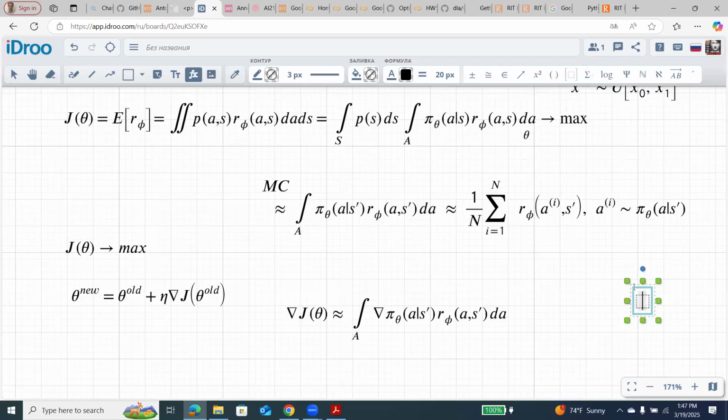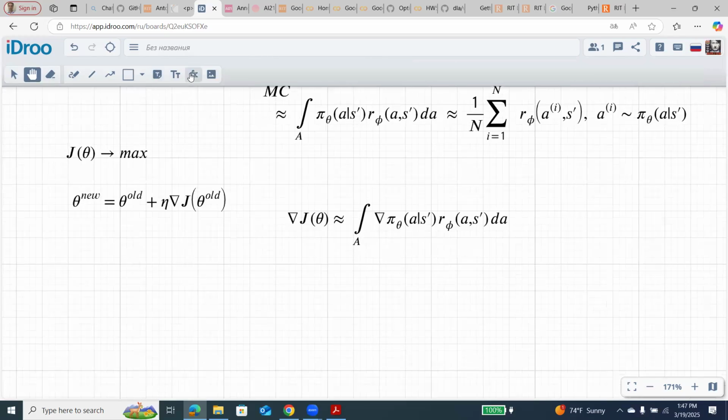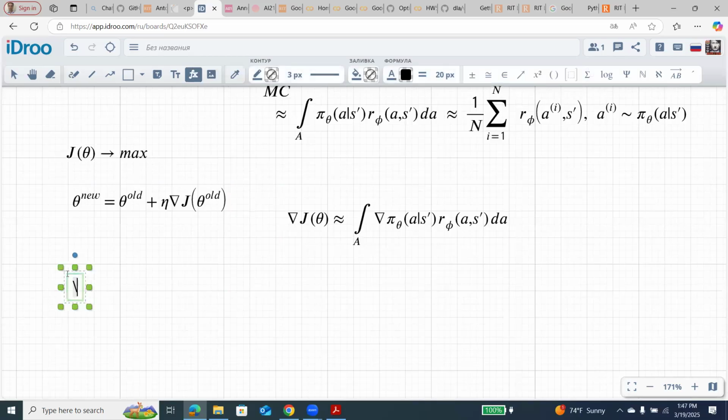And so what should I do next? Do you remember which trick we should use to estimate the integral of the gradient? Log derivative trick. So, and then we will use the so-called log derivative trick. I think we will just write this down and stop for today. If you calculate the gradient, do you remember the gradient of the log?